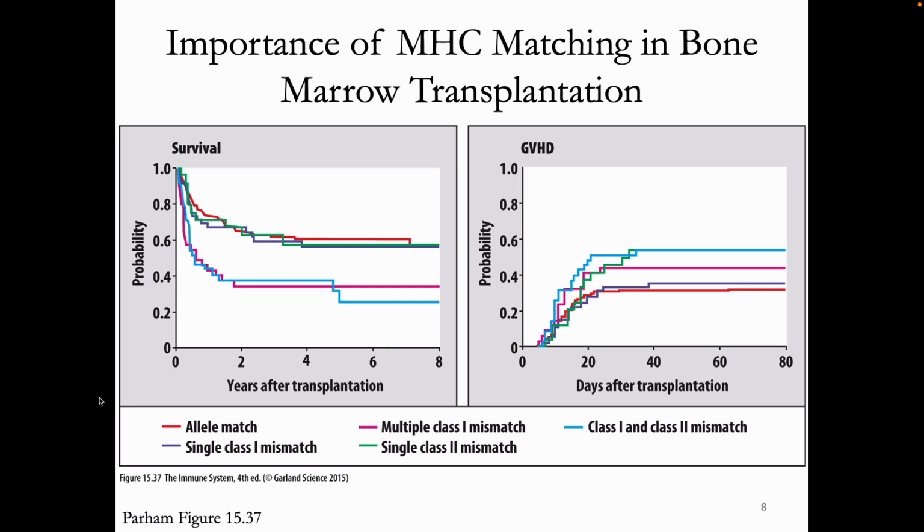So as long as you kind of have some matching, it's okay. It's only when you have multiple mismatches that you start to really have problems here. So there is a little bit more tolerance to mismatches here. And you can also look at the probability of graft versus host disease, which is highest when you have mismatches.